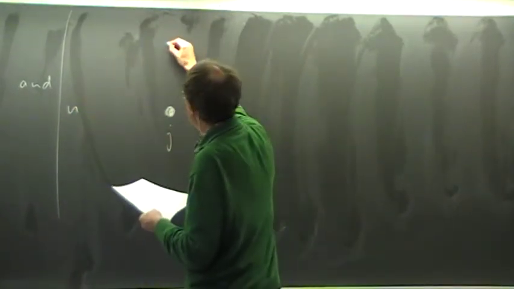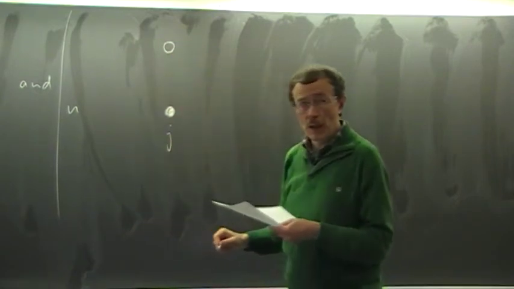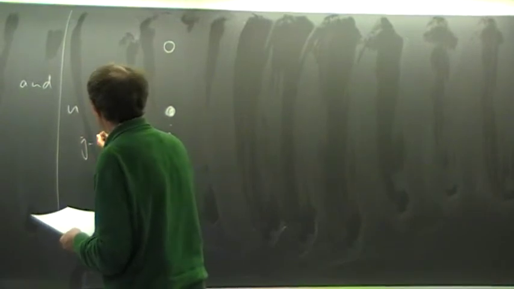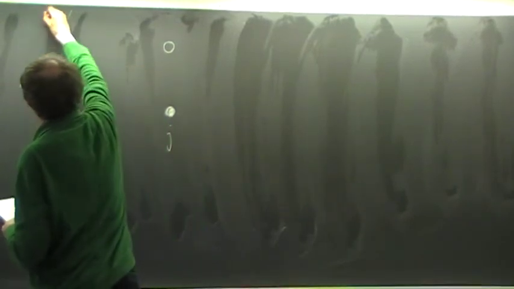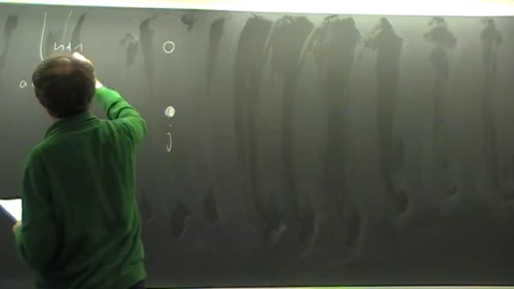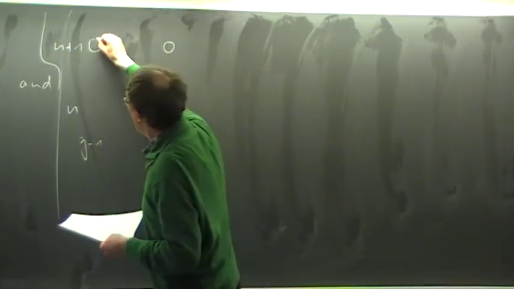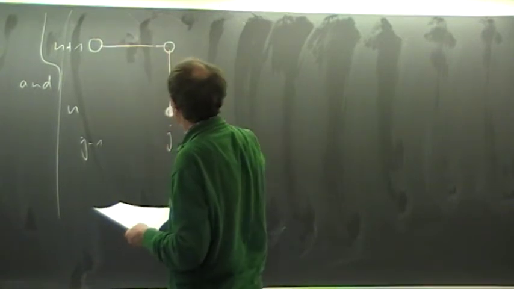We want to determine the solution at the new time level. Here we have j minus 1, and here we have n plus 1, the time level n plus 1. And instead of using the value at the old time level, we use the value up here. So we have this stencil here.